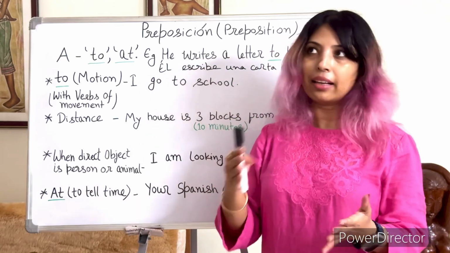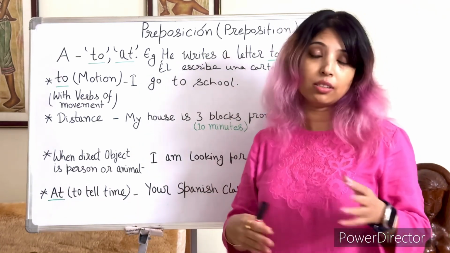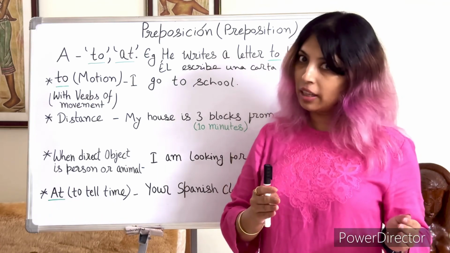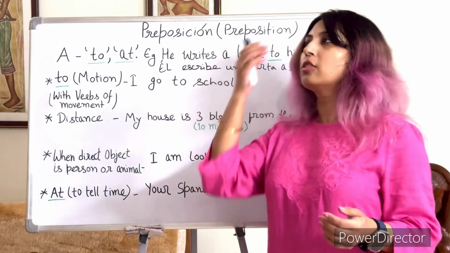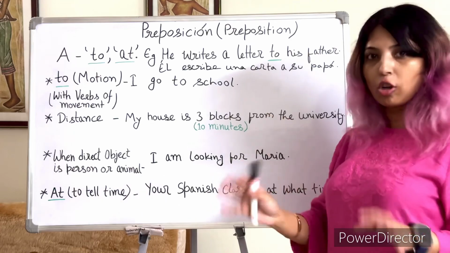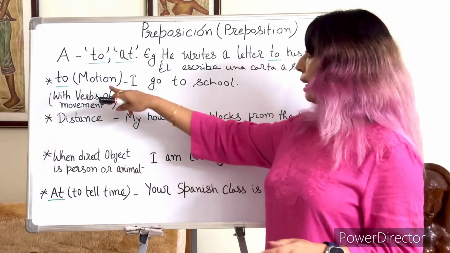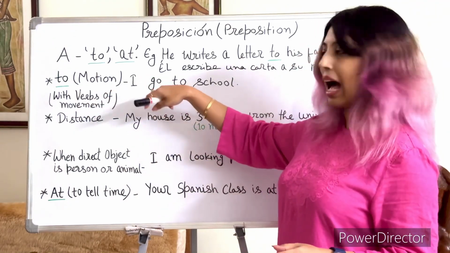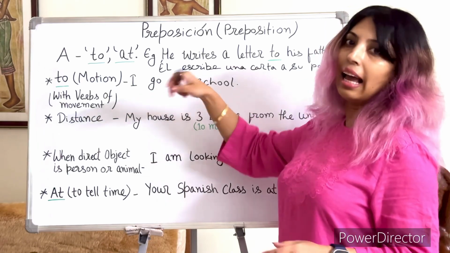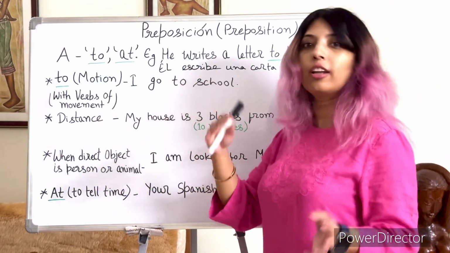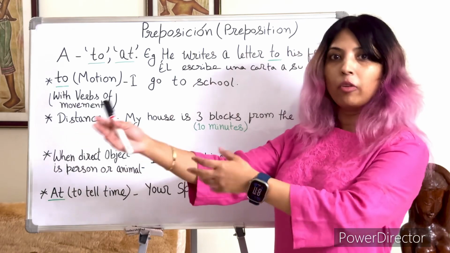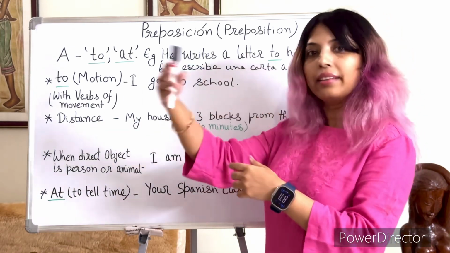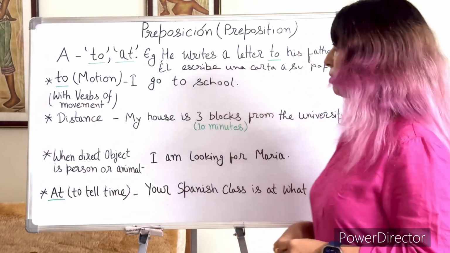Most of the times, like there are few exceptions like ir de vacaciones. But like most of the time you are supposed to use ir plus preposition a, and then infinitive also, or just if you are going somewhere, then ir plus a and then that place.